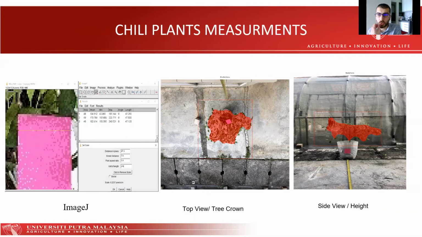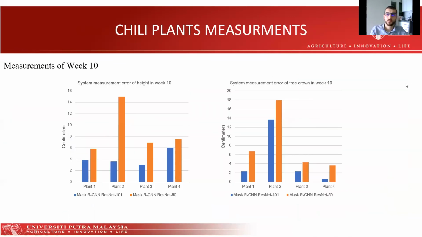So we used the boundary box height to measure the height of the chili plant, as you can see in the left image, and we used the larger value of either the width or the height of the boundary box to measure the tree crown of the chili plant.